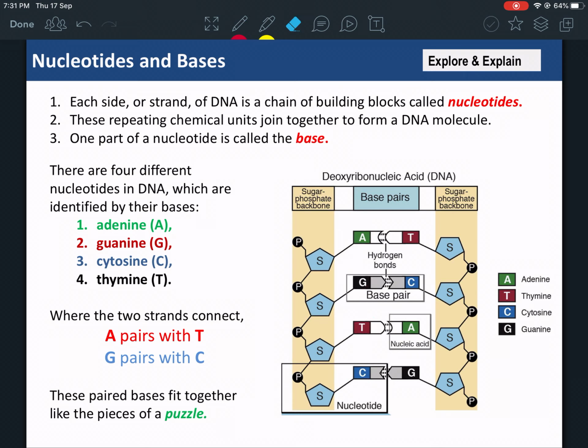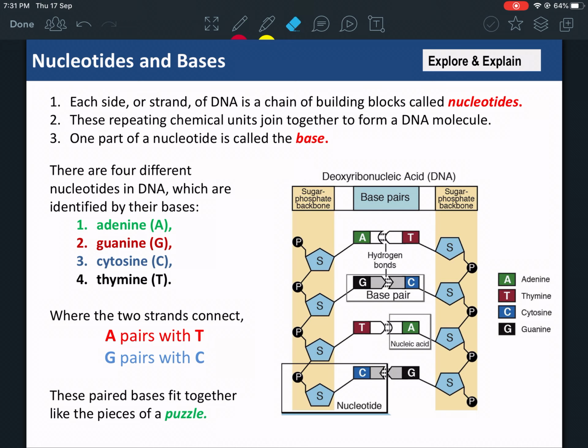Now, there's something that you need to know: why do we call them base pairs? It's because they pair together like a couple, like any two things pair together. For example, A pairs with T and G pairs with C always. This never changes. They're like a puzzle. They fit together like pieces of a puzzle.